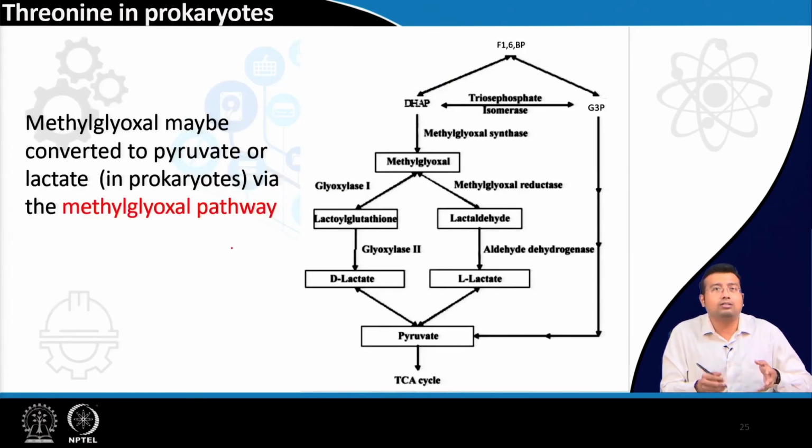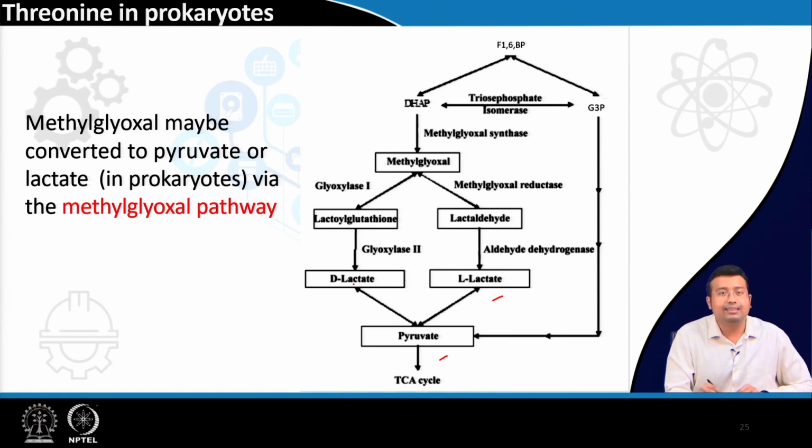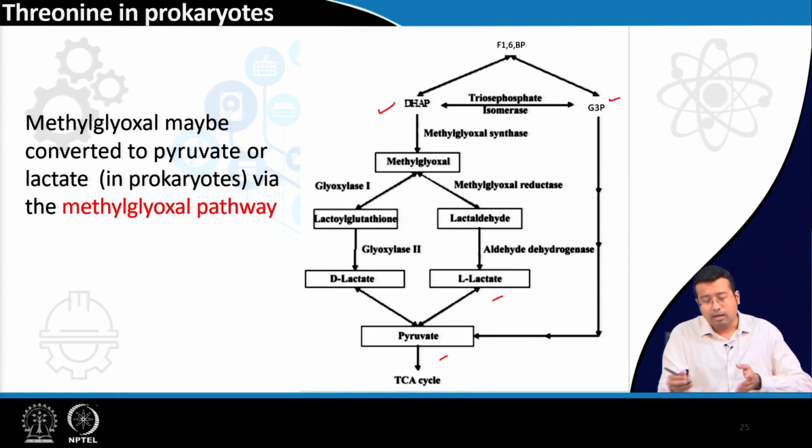This methyl glyoxal has its own pathway from which pyruvate, lactate, etc. can be formed. Mind it, there is no ATP production in this pathway, and it is an alternate pathway of glycolysis. You can see from fructose 1,6-bisphosphate, both glyceraldehyde 3-phosphate and dihydroxyacetone phosphate are formed.